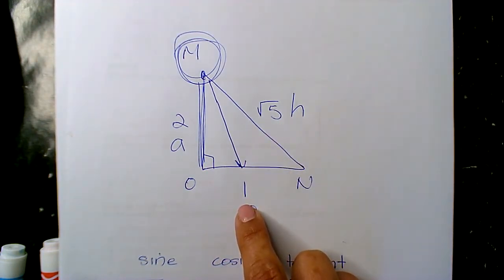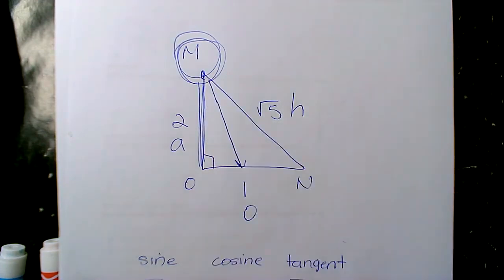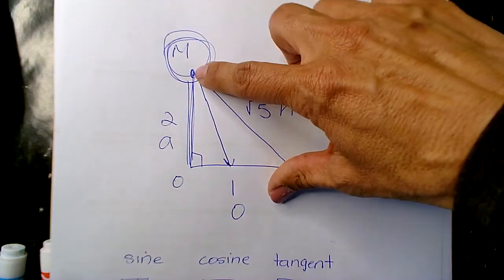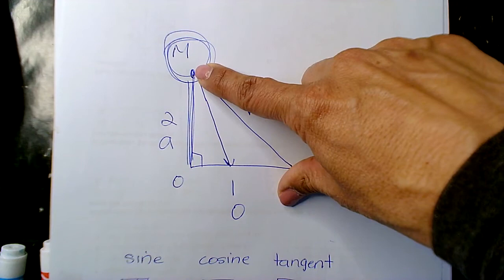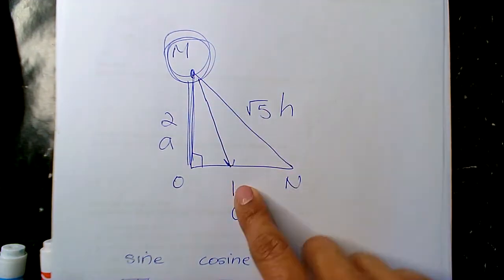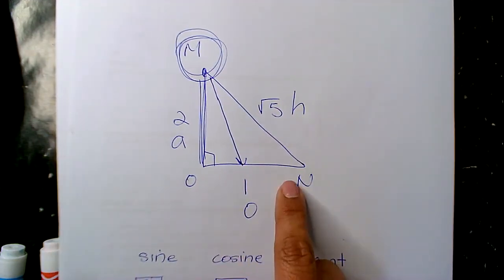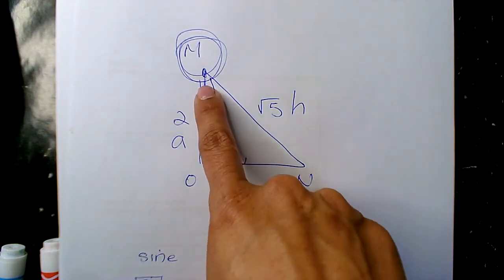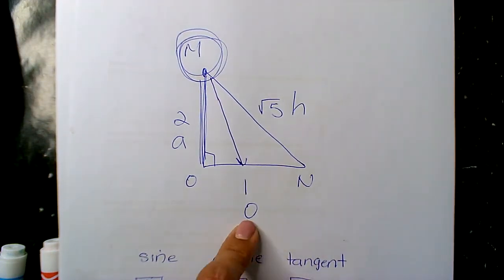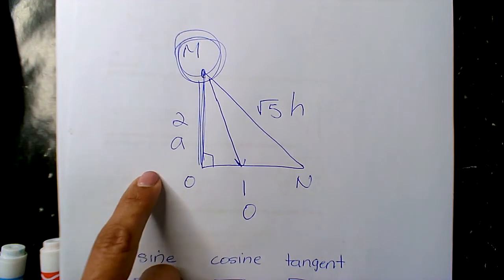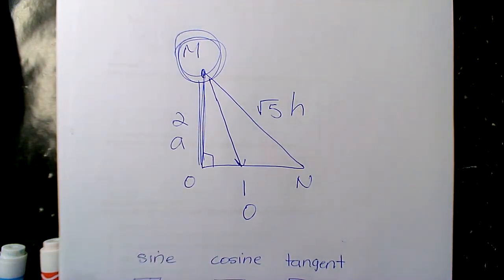How do you label the O and the A? The O is opposite. So if this is angle M, the side opposite angle M is this one, ON side. It's a side that doesn't touch the angle, that doesn't create it. Adjacent would be the other leg.